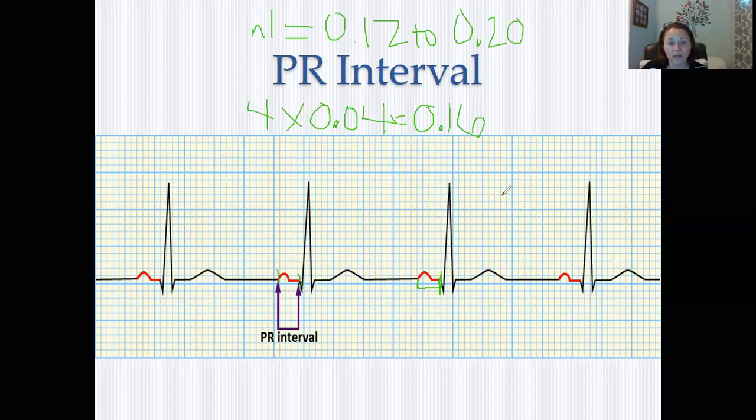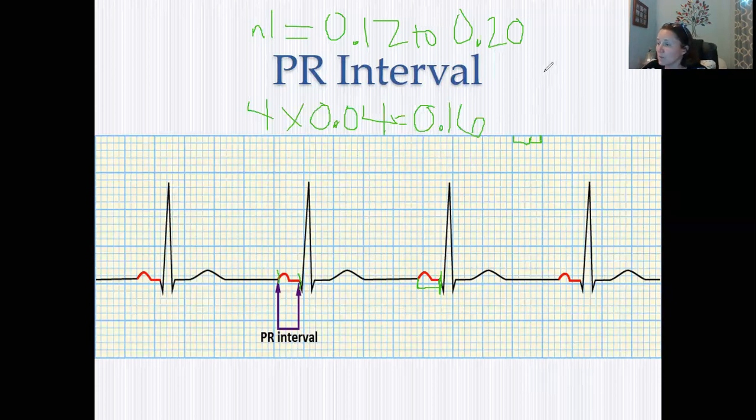So a normal PR interval is 0.12 to 0.20, about 3 to 5 small boxes. Between 3 and 5 small blocks is a normal PR interval.